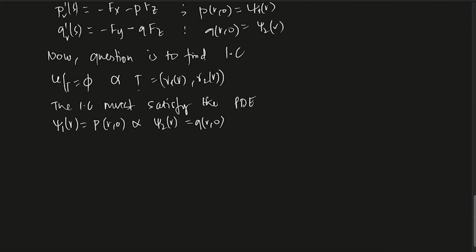If P at the point R0 is psi 1 and Q at the point R0 is psi 2, then this must satisfy the PDE. So essentially what we have is f of gamma 1 of R, gamma 2 of R, and phi of R, psi 1 of R, psi 2 of R has to be 0.